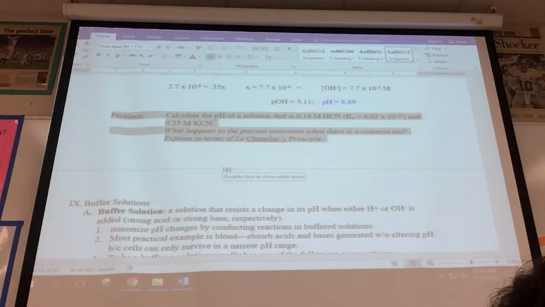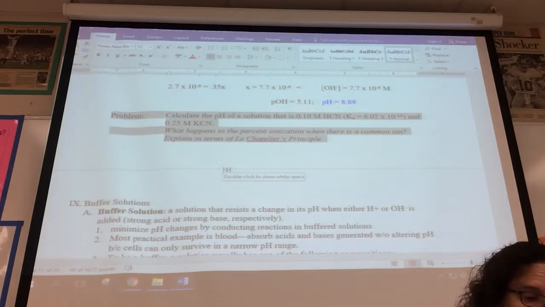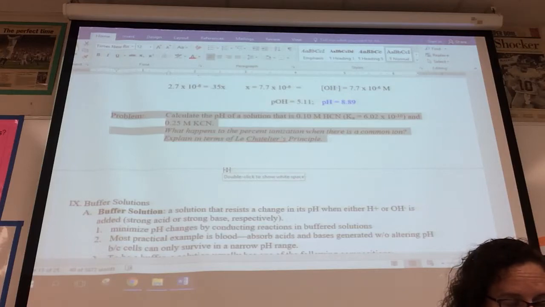Where does the potassium come from? That's just the salt you throw in, which immediately ionizes, so you have a concentration of cyanide ion.